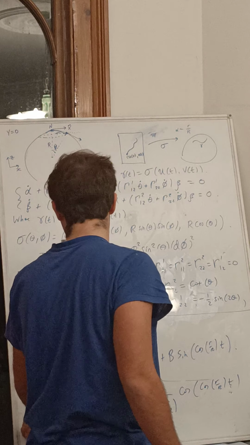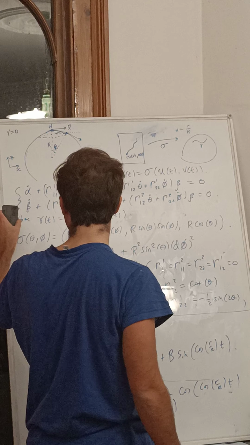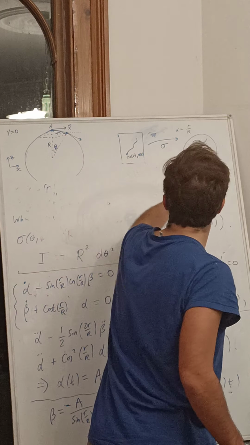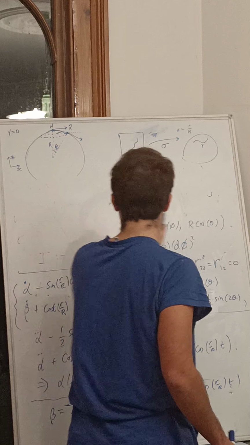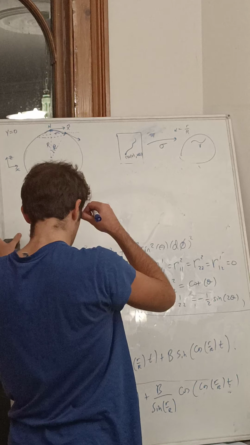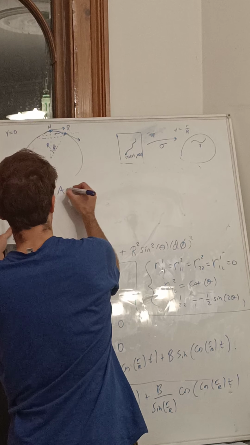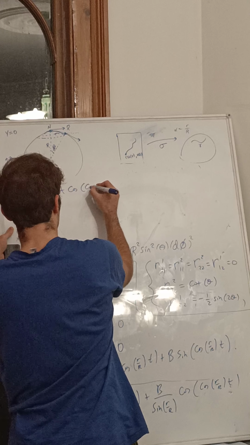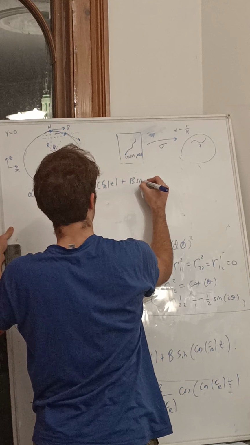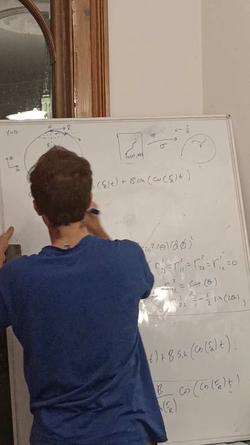All right, so I need to be a little bit brave and get rid of all of it. So, okay, what have we got here? Alpha of t is a cosine cos little r over r t plus b sine of cos of little r over r times t.